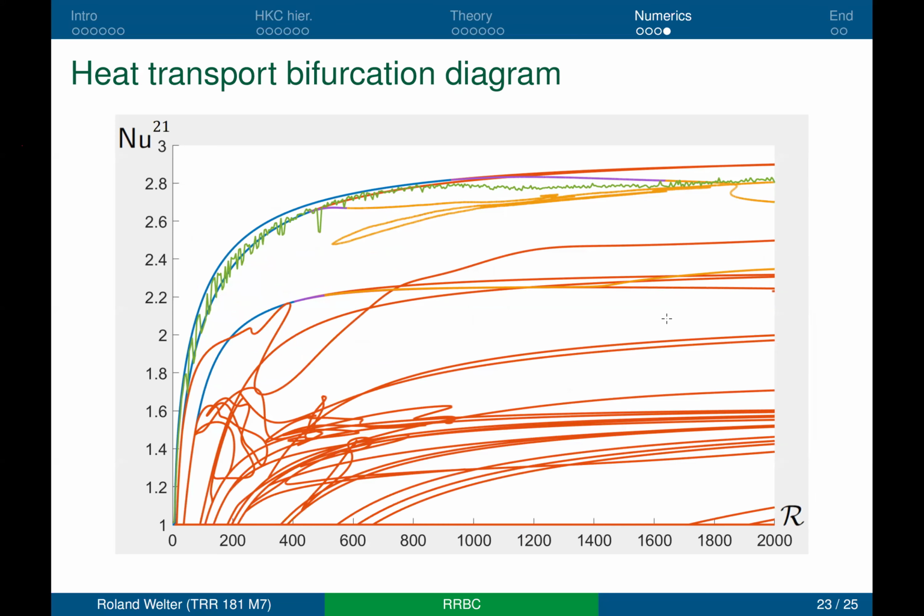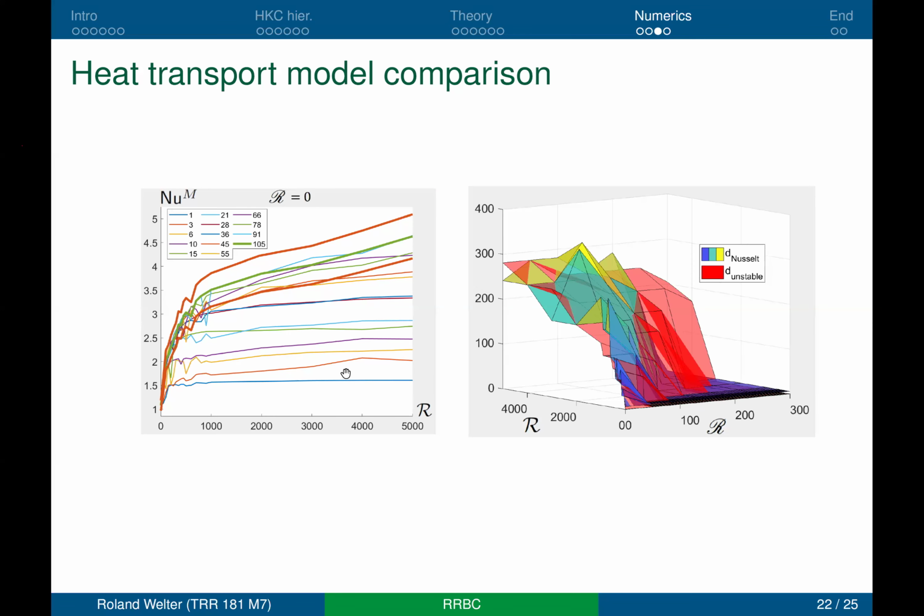Lastly, I did a bifurcation analysis, a bifurcation diagram of the Nusselt number in the HKC 21 model, which I chose in this range of Rayleigh numbers because HKC 21 still lies within this error threshold.